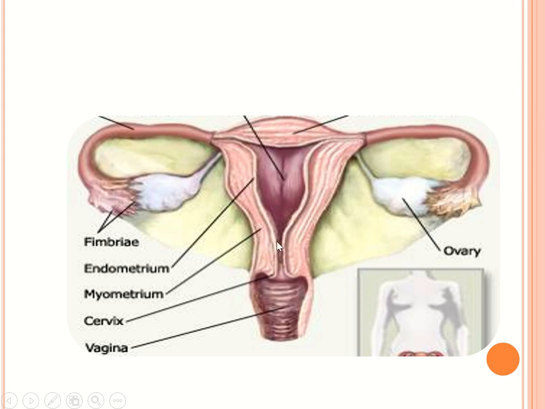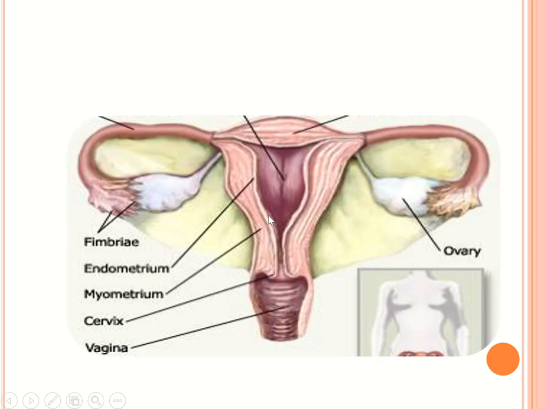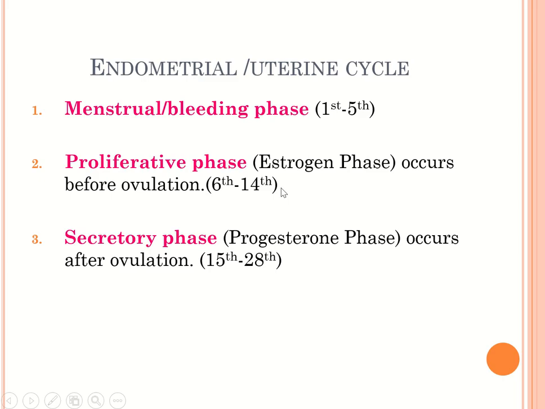This is the cervix, the lower end of the body of the uterus. There'll be changes in the cervix also. Vaginal changes also will be seen. Other than this, hormonal changes and the body temperature also change throughout the cycle. So these are the changes you need to explain while answering this question on the menstrual cycle. First, we'll see what changes are happening in the endometrium. Clear?